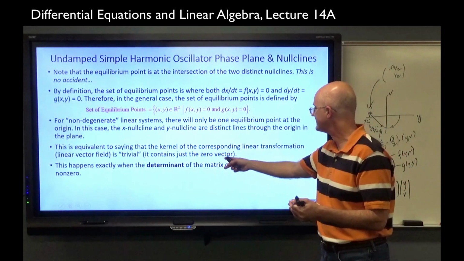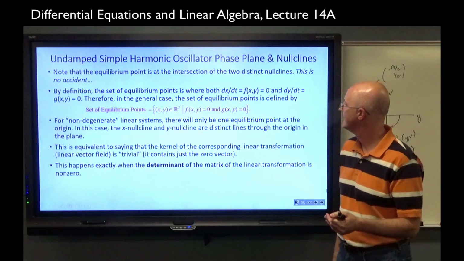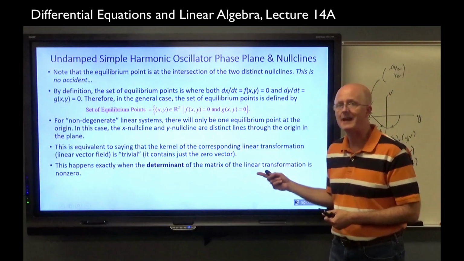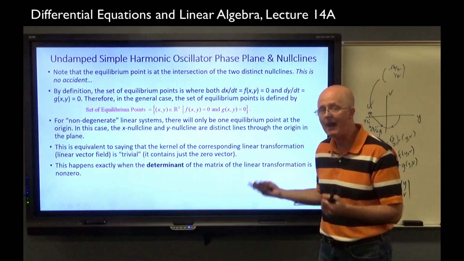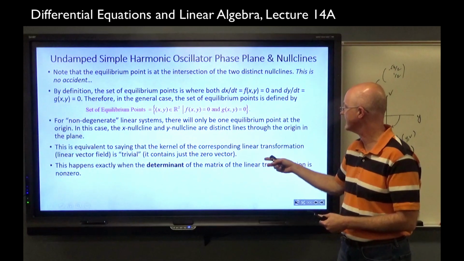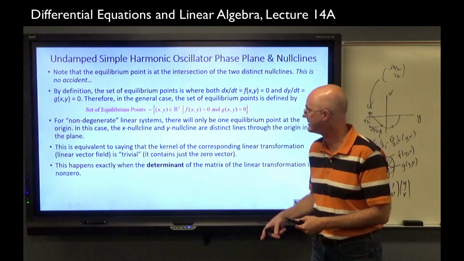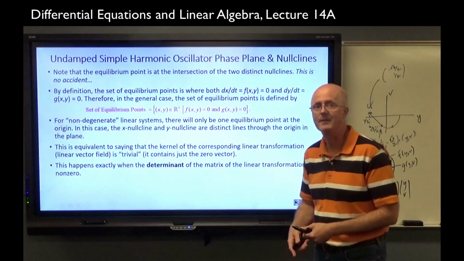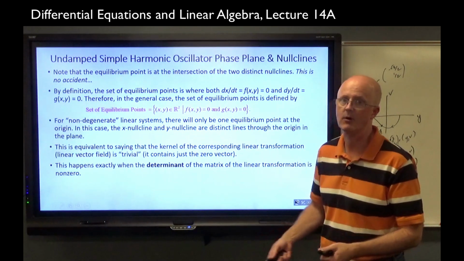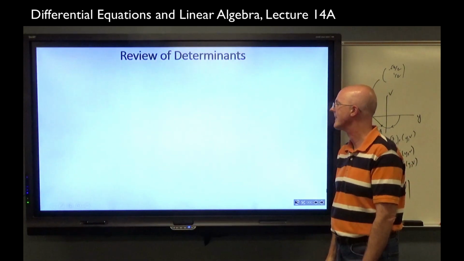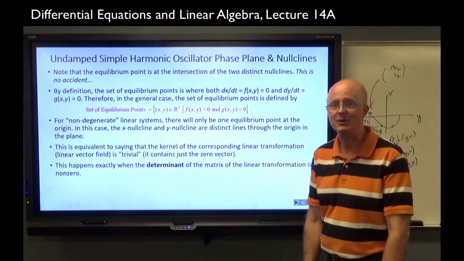But this kind of thing is still going to be true. You're only going to get the origin as the equilibrium point, even in higher dimensions, if and only if the kernel of the corresponding linear transformation is trivial, just the zero vector, if and only if the determinant of that bigger matrix, 3 by 3 or 4 by 4 or 5 by 5, is non-zero. And that is the end of lecture 14a.